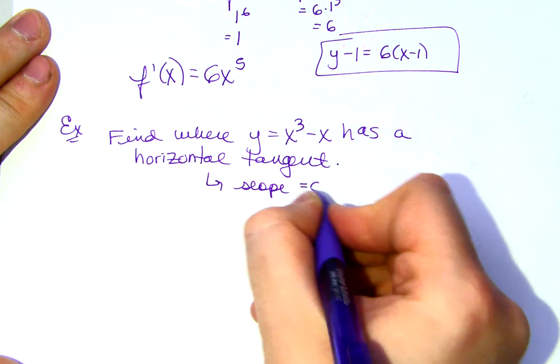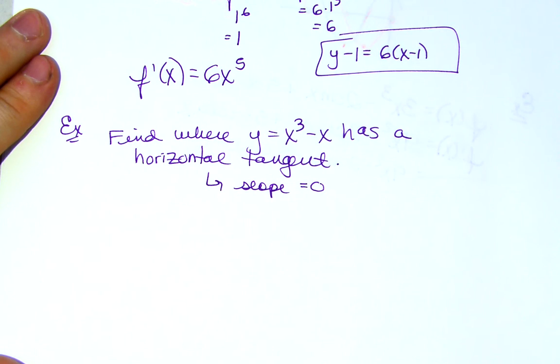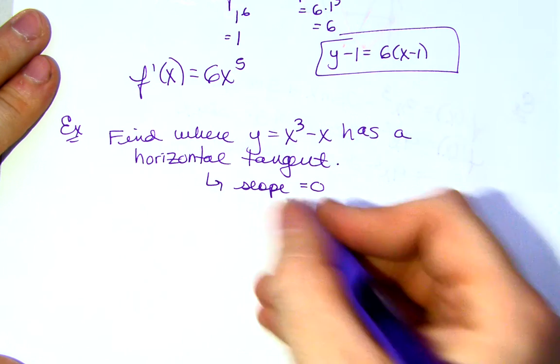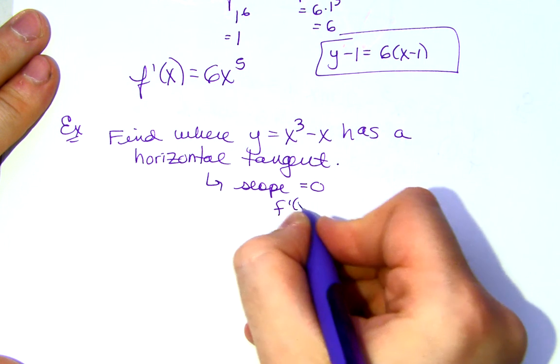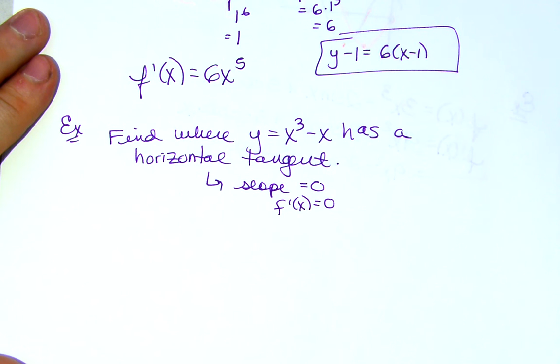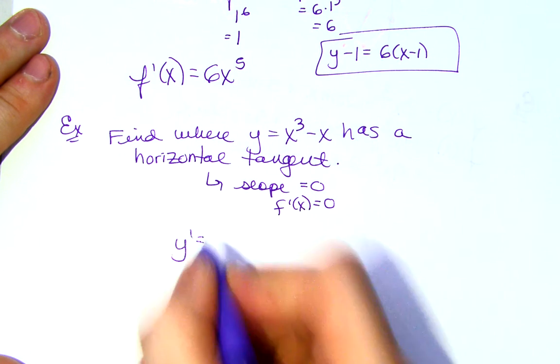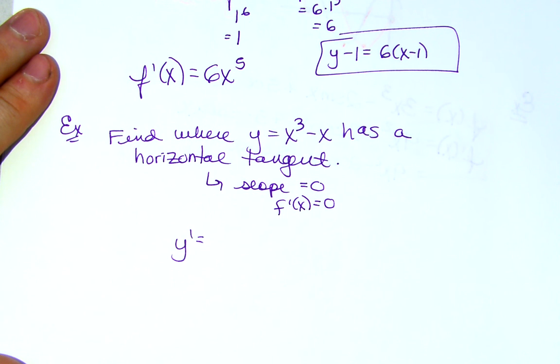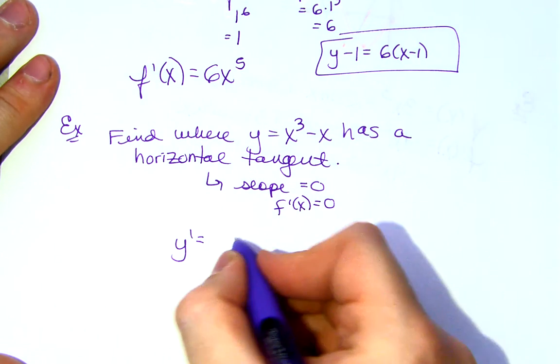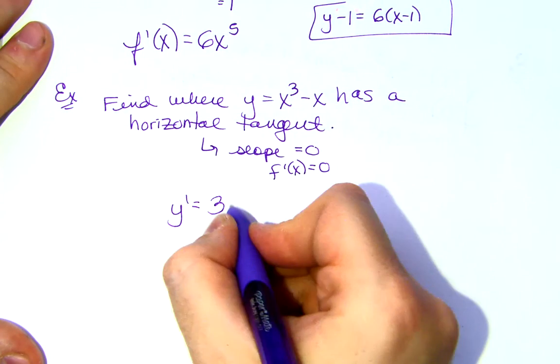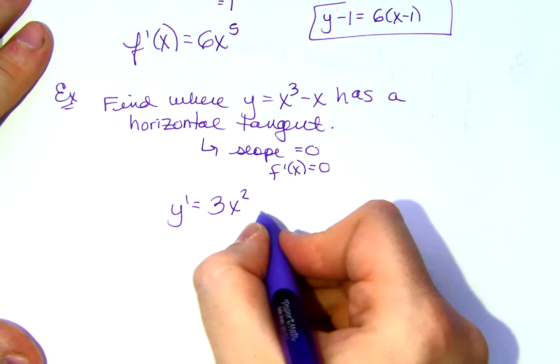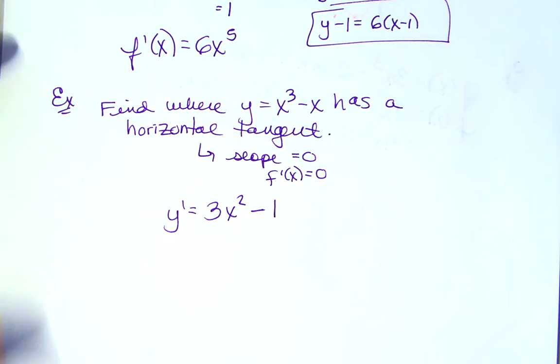Which means, for our purposes, what's another word for slope? Derivative, I want the derivative to be 0. Well, let's find the derivative. What's the derivative of x cubed minus x? 3x squared minus 1.